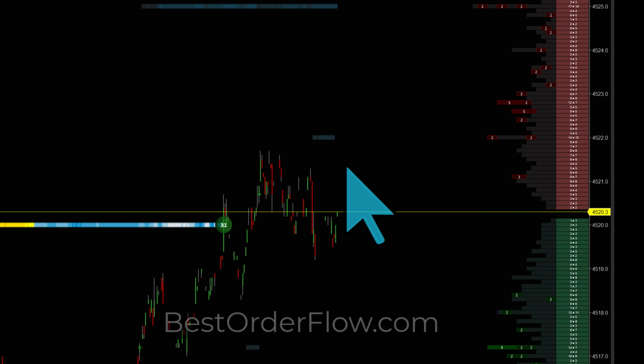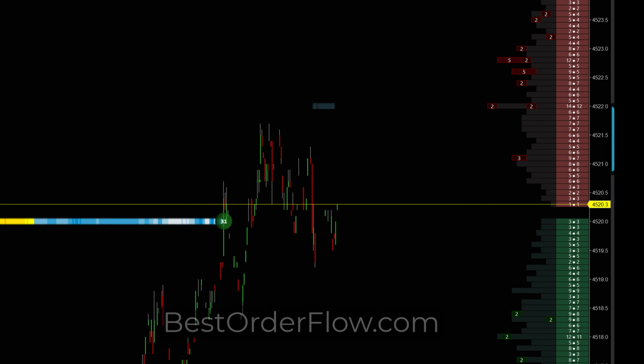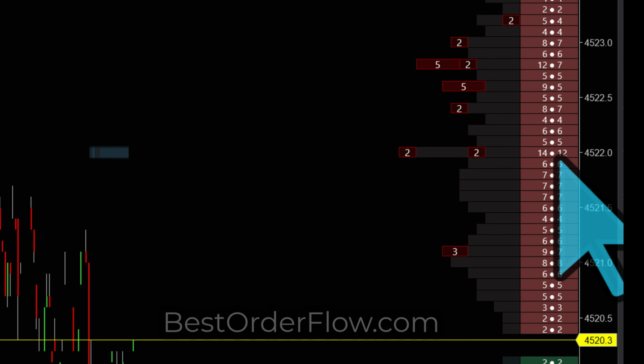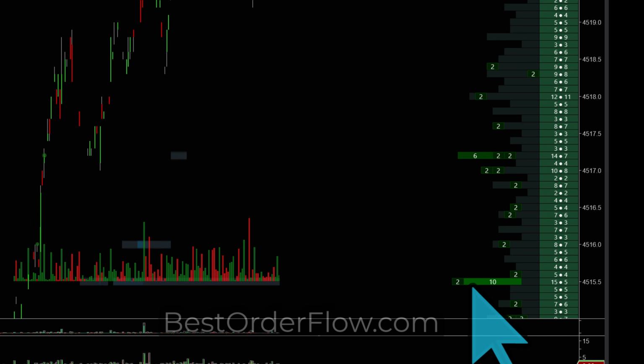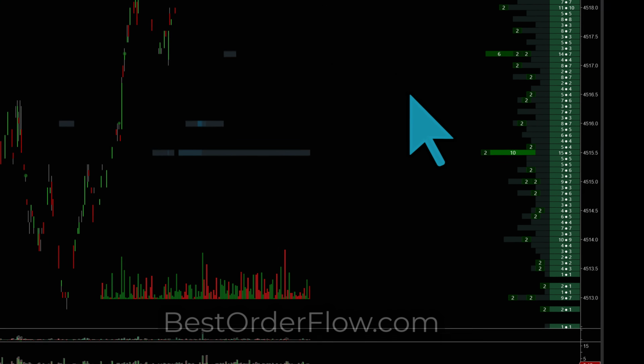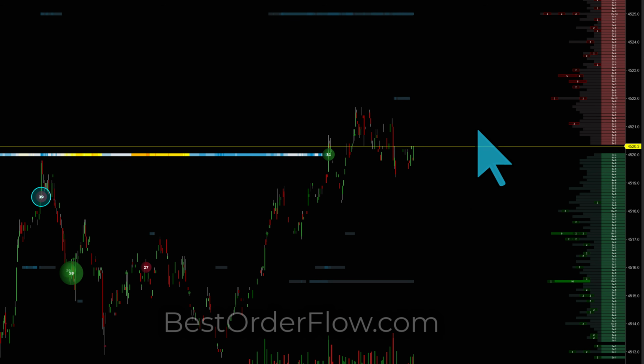Right now, we can see that there are some orders. We actually see the size of the orders. We can see 14, okay, there are 12 orders with 14 lots, and over here, this is 15 orders with 5 orders with 15 lots. So we can see if there is a large, medium, or strong support or resistance on both sides of the price line.